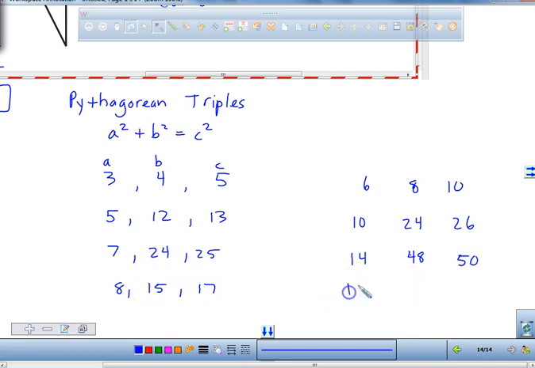Here you might see the 16, 30, 34. So these can be scaled up, or they can be scaled down, and it'll still work. Okay? If I took half of all those, it would still work, but they wouldn't be considered a Pythagorean triple because these all have to be integers. So these are the most commonly used right here. I'd put those in your journal if I were you.